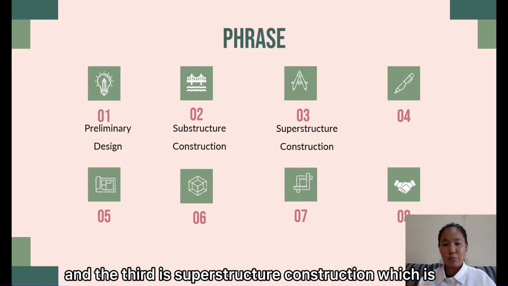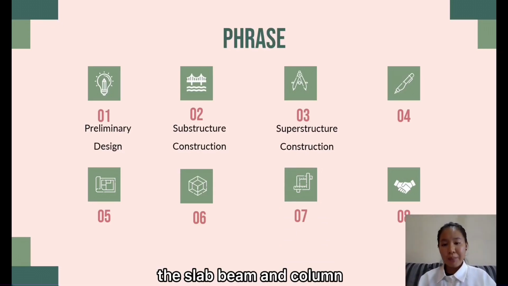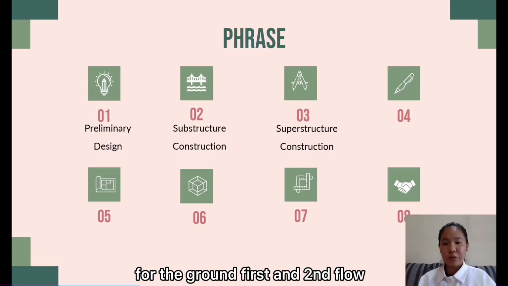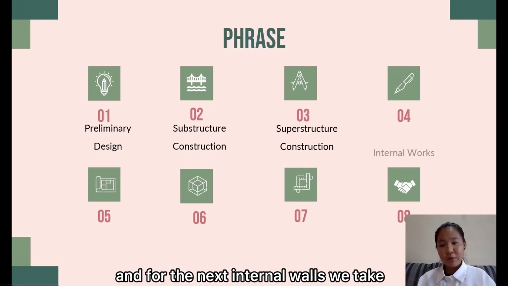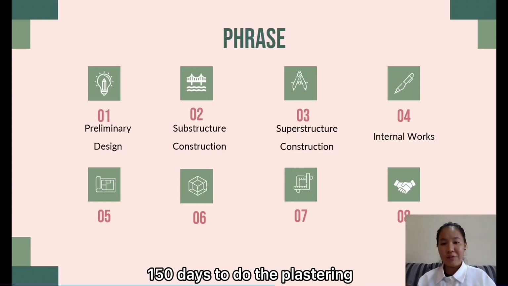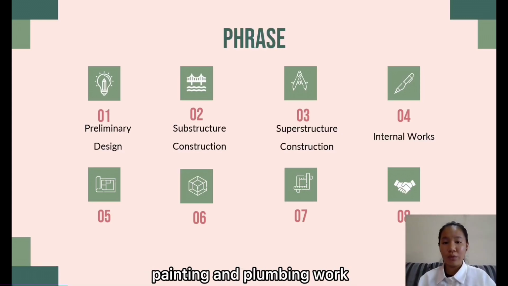And the third is superstructure construction, which is the slab, beam and column for the ground, first and second floor. We take 212 days. And for the next, internal works, we take 150 days to do the plastering, painting and plumbing work.